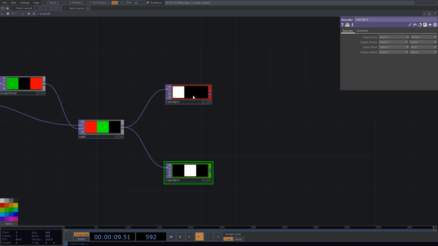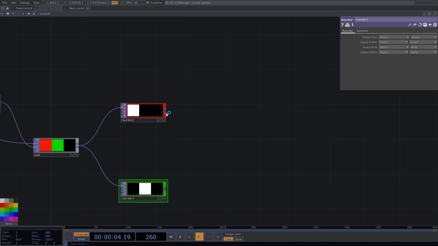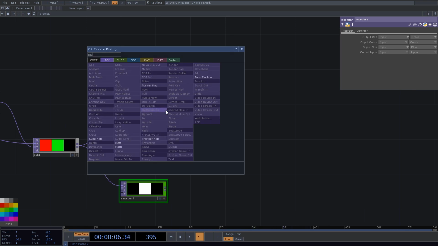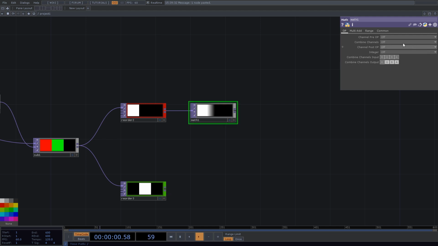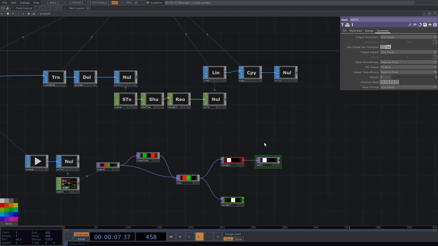And now I have the xy distances, and I want to use a math to divide that by the amount of divisions. So let's use nearest, okay.